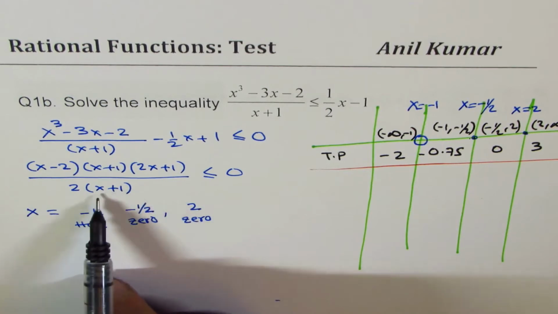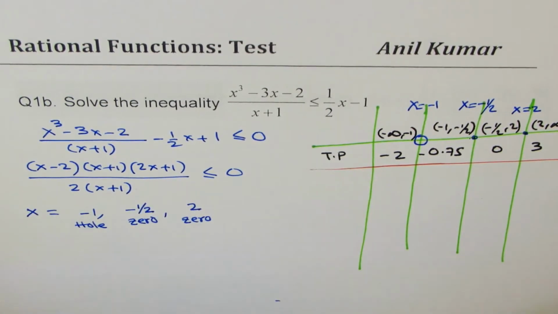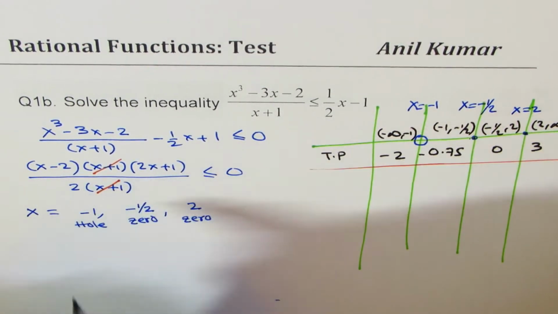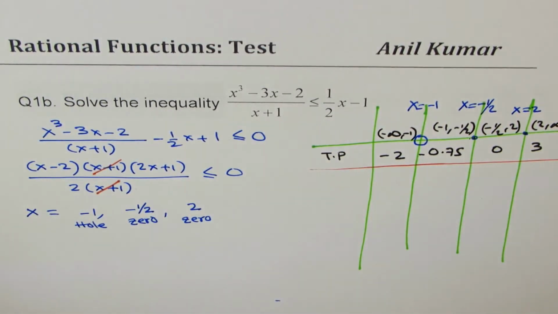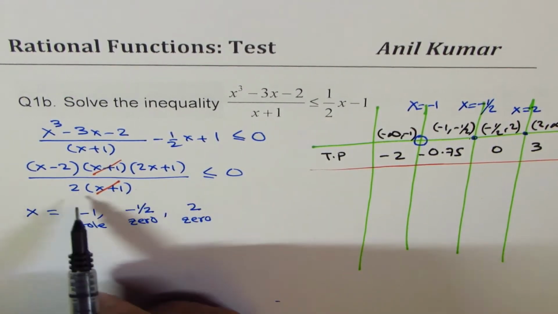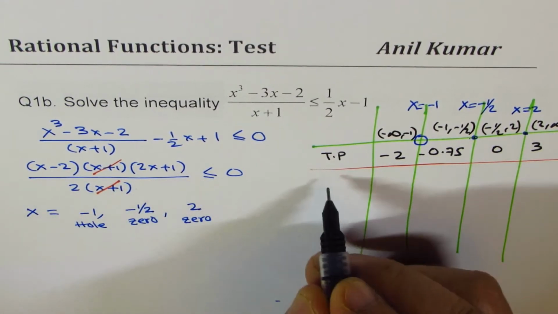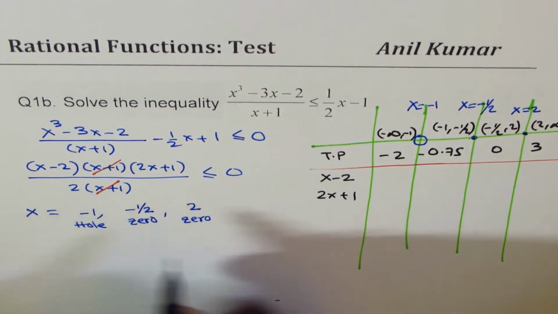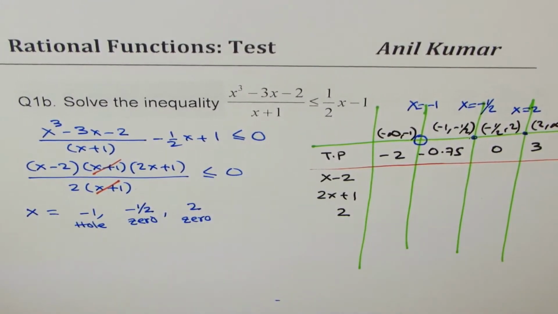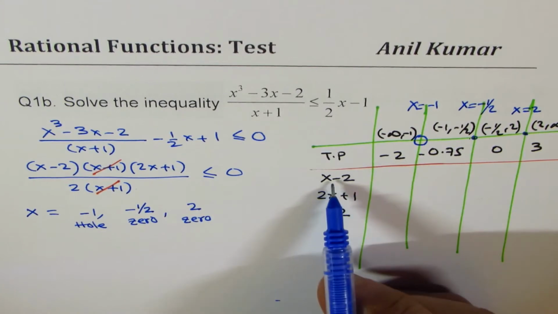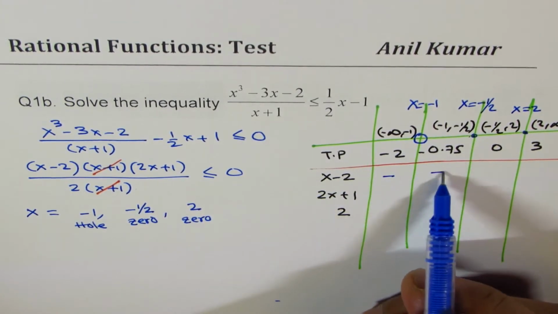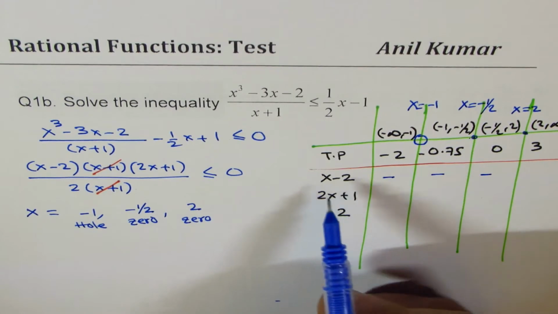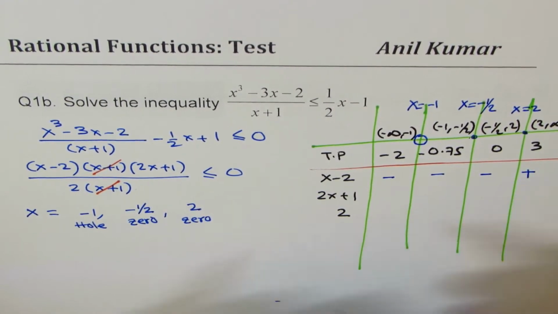So these are all the factors. Since x plus 1 cancels, we can actually consider these 3 factors. I want to write 2 so that it is clear to you what really happens. You have to consider all the factors. One factor is x minus 2, the other one is 2x plus 1, and then we have a factor 2. Now as you can see, if I substitute minus 2 here, this is negative, 0 means negative, 3 minus 2 will give us a positive result.